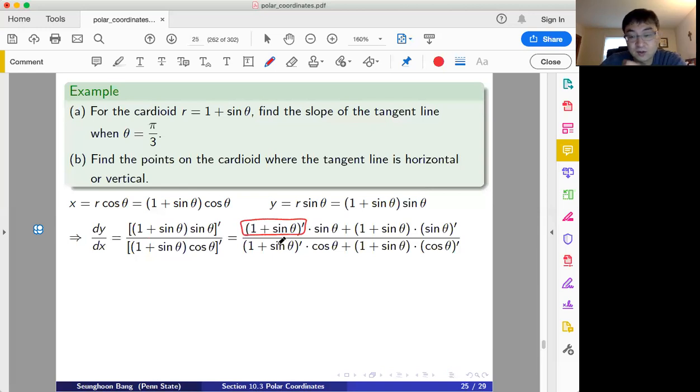Could you write your answer on the chat board? What's (1 plus sine theta)'? Yeah, thanks. This is cosine theta. You're right. The derivative of sine theta is cosine theta. What's the derivative of cosine theta?